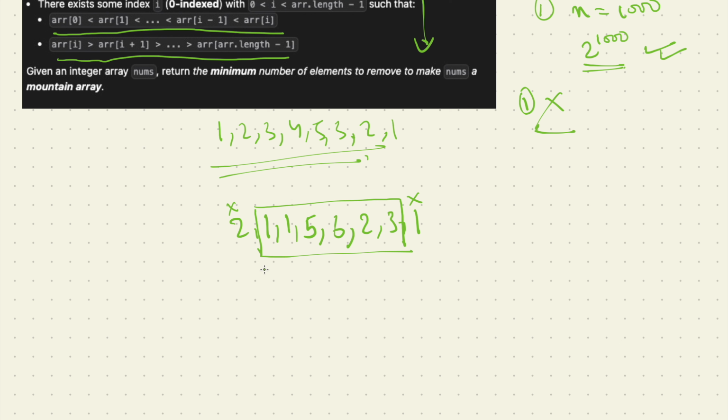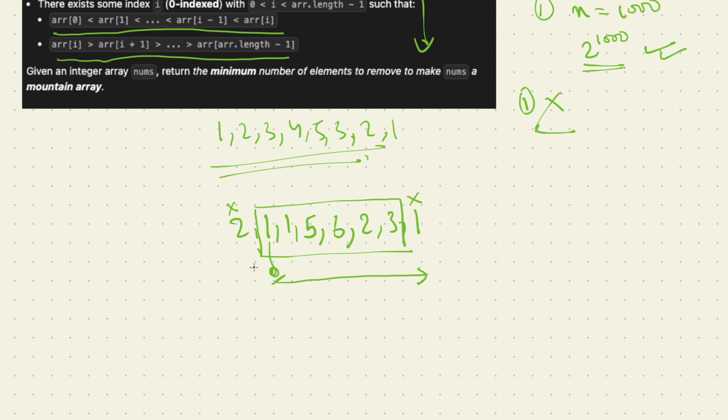So we will start from this location and go up to here, trying to figure out what is the maximum number of elements in the increasing sequence if this is the peak.